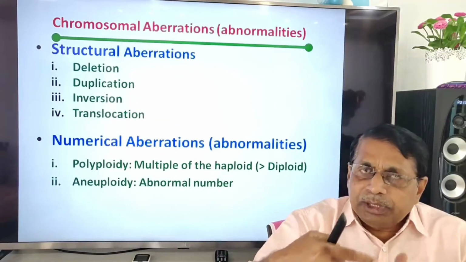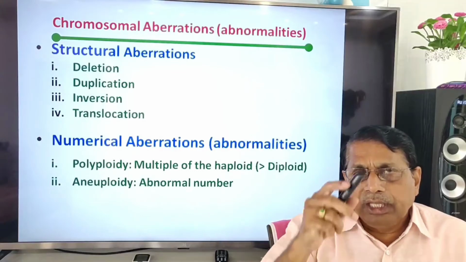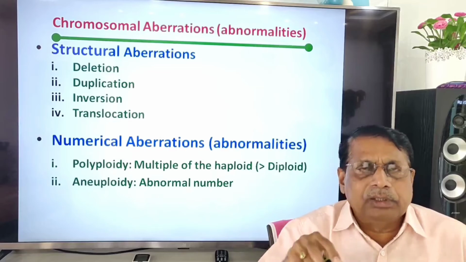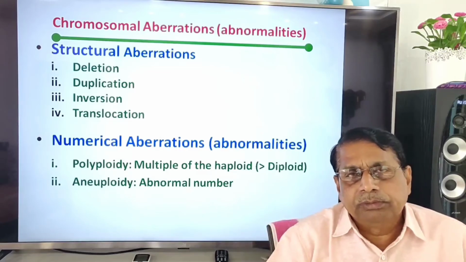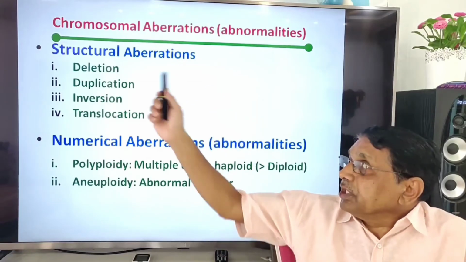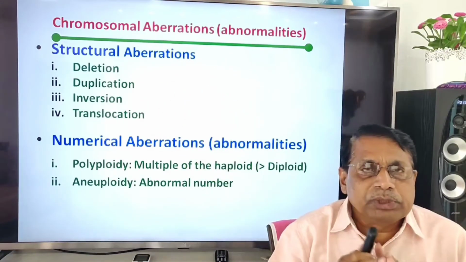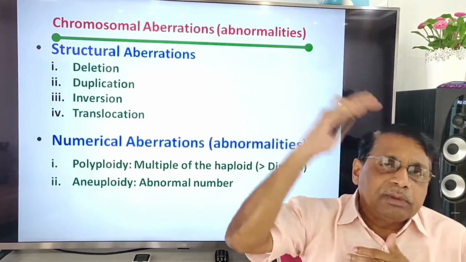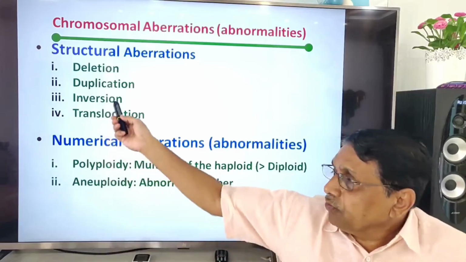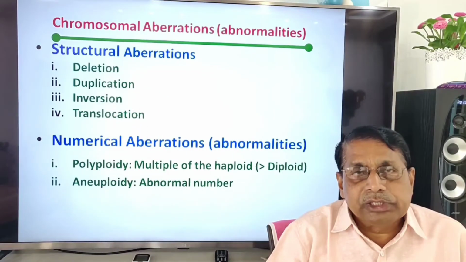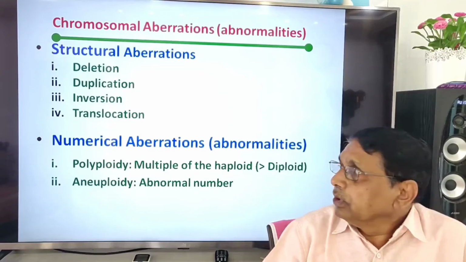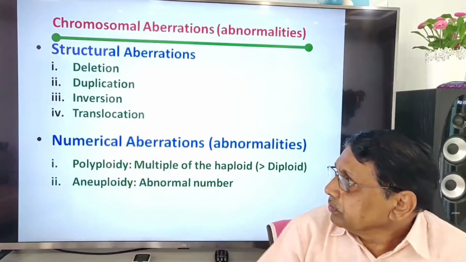A part is repeated. A, B, C, D. For example, A, B, again A, B, C, D. Means the A, B part is duplicated. In the first case, A, B, C, D should be there, but the A, B part will be missing, deleted, only C, D. Inversion, as I told you, A, B, C, D, that is normal, but A, B, D, C. Translocation between non-homologous chromosomes.